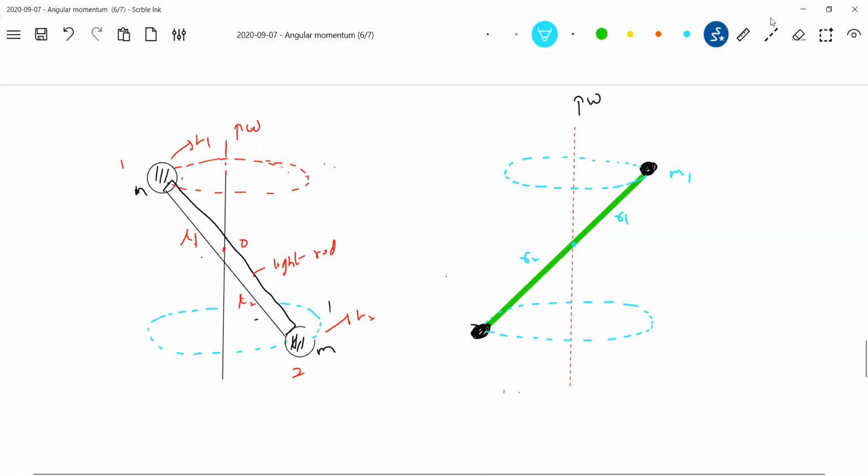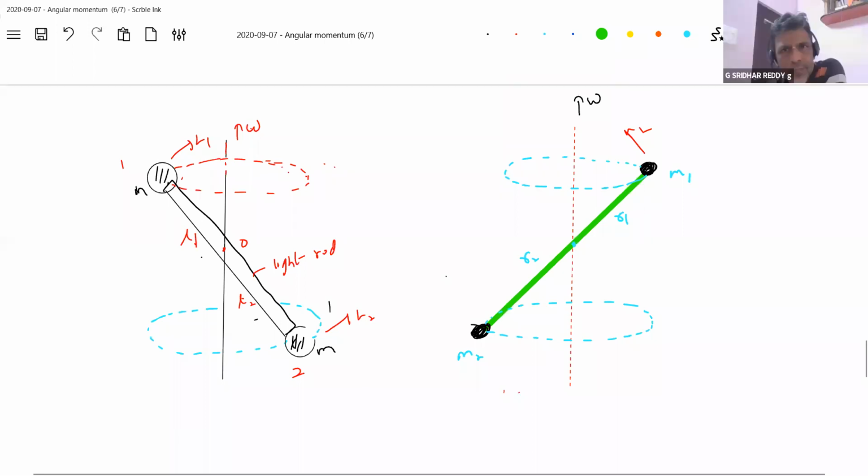The masses are M1, M2. How will L bar be directed? Here L bar will be directed in this direction. So how can you say: R bar, V bar, R cross V, curl fingers. R bar you measure like this, and V bar is into the plane. Take a pen, don't keep it vertical, keep it inclined and try to rotate it, and look at the tip of that pen.